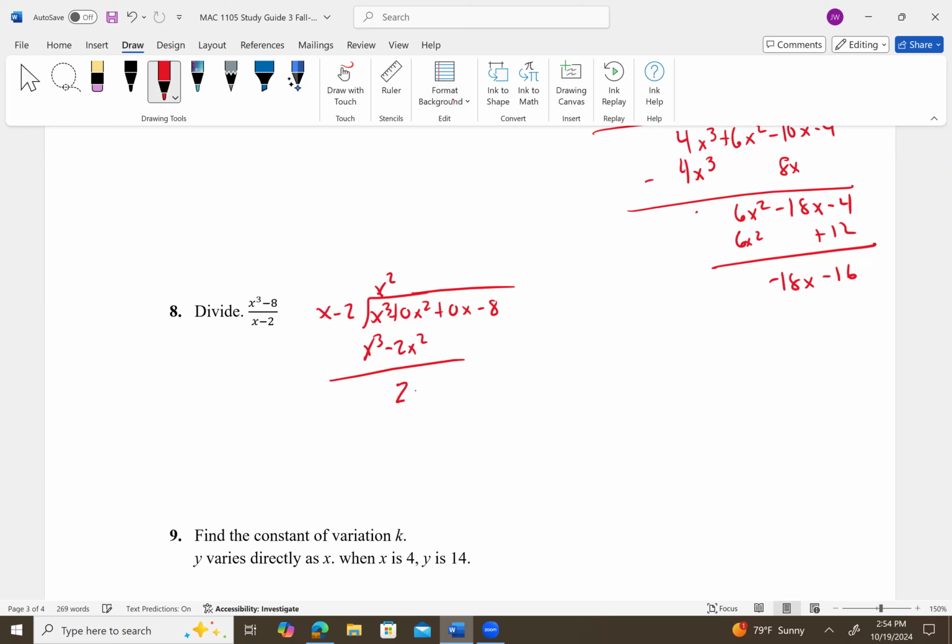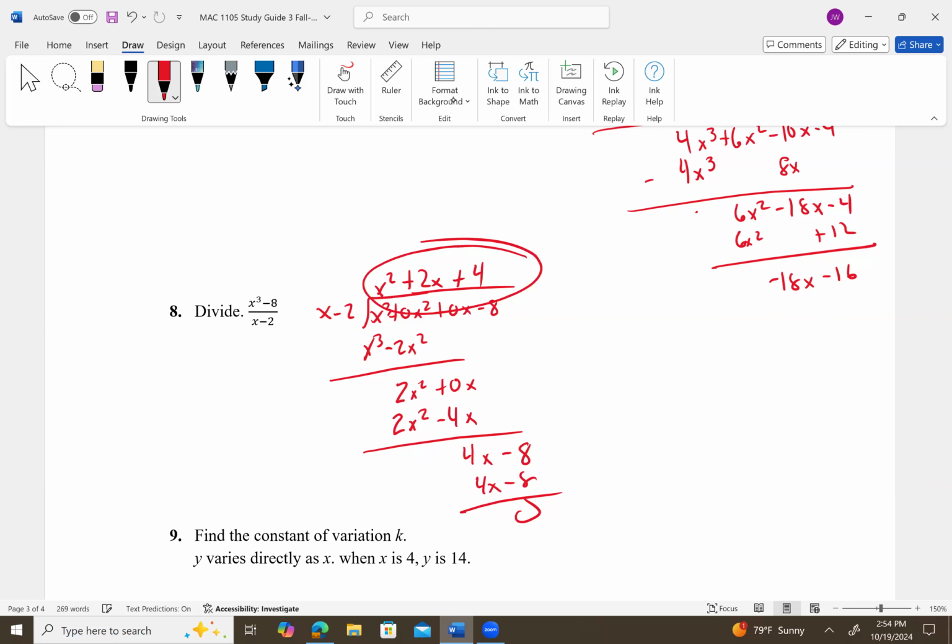Subtracting, I have 2x squared. Bring down my 0x. And this is plus 2x, which gives me 2x squared minus 4x. Subtracting, this is 4x. Bring down my minus 8. 4. I get 4x minus 8, remainder of 0. So that one turned out even.